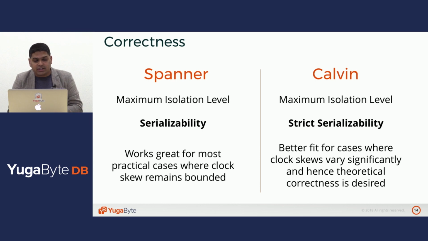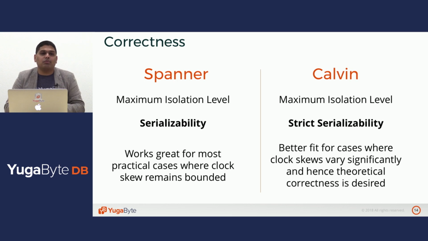First is correctness, and that actually manifests itself in terms of the isolation level in your ACID transactions. In case of Spanner, since there is a dependency to track clock skew and essentially stop the nodes from participating in distributed transactions if the max clock skew is exceeded, the maximum isolation level that is possible is serializability.